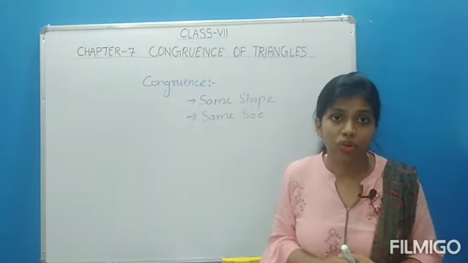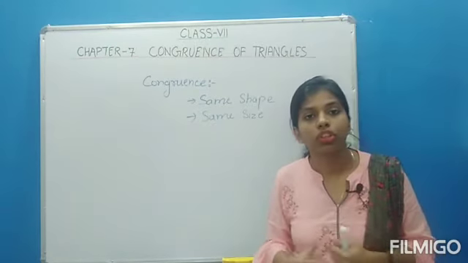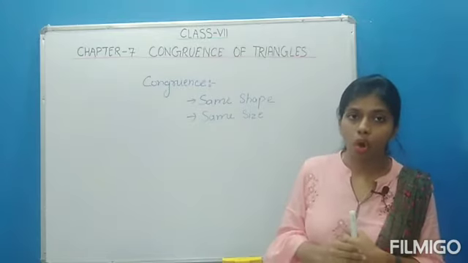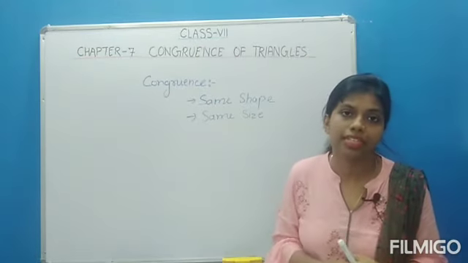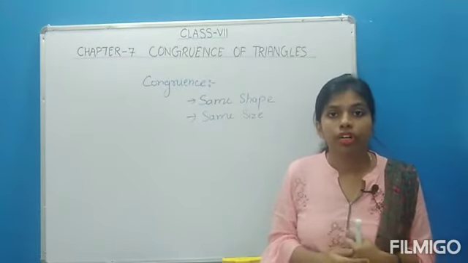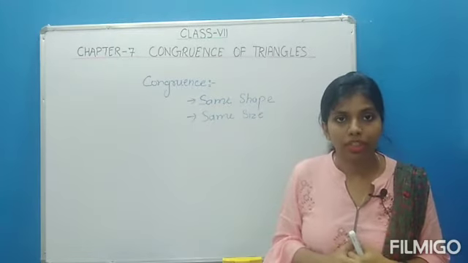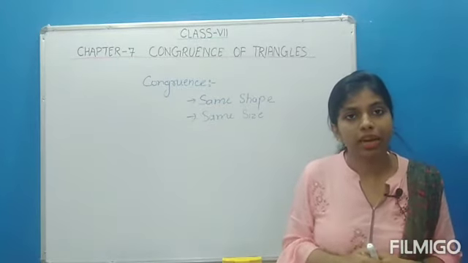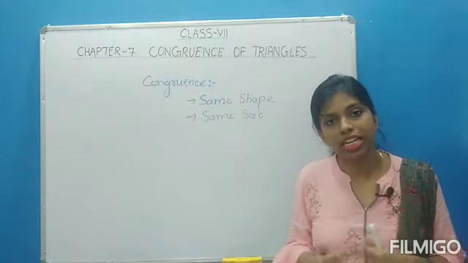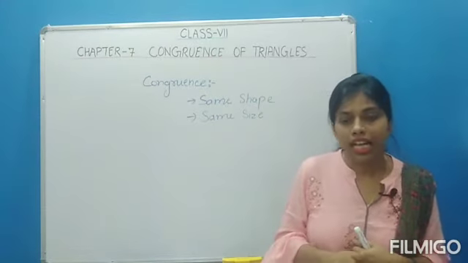Before starting congruency of triangles, we're going to discuss some simple aspects of triangles. A triangle has line segments and angles. Triangles are made of three line segments, so first let's check the congruency for line segments.